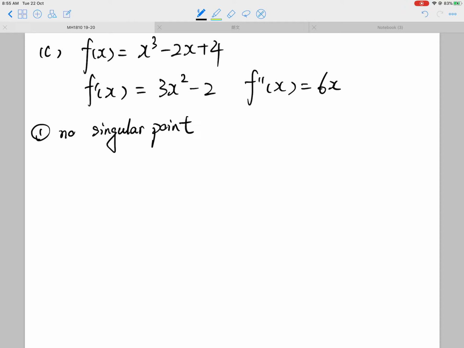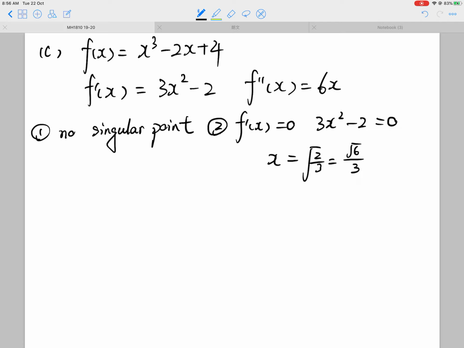And what about the stationary point? You just let the derivative equal 0, which means this equals 0, right? So x is square root of 2 over 3, which is square root of 6 over 3. Okay, positive or negative?